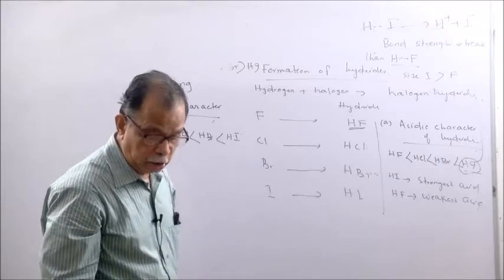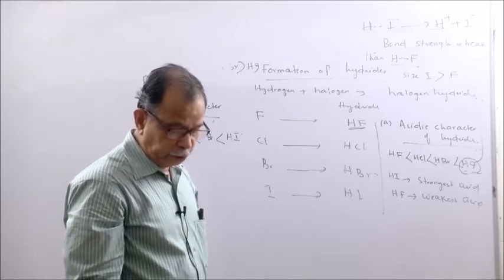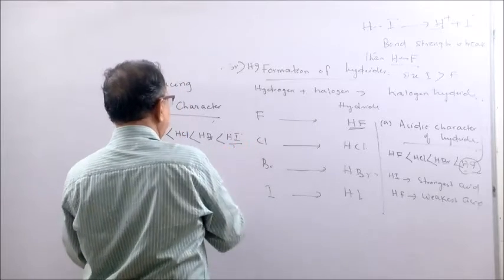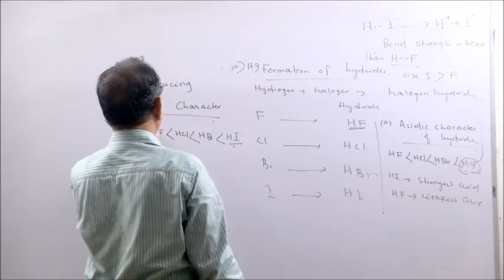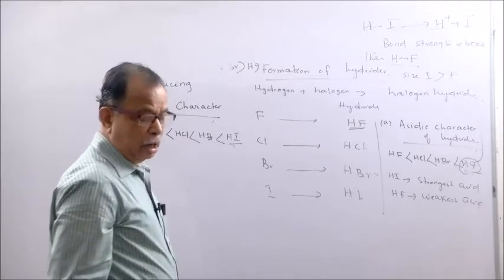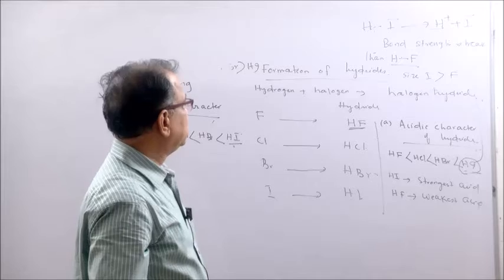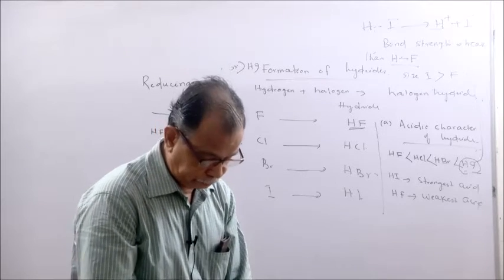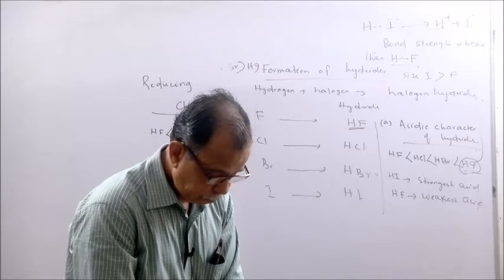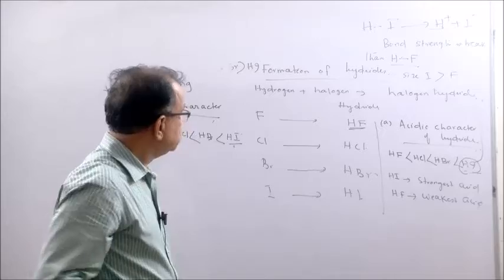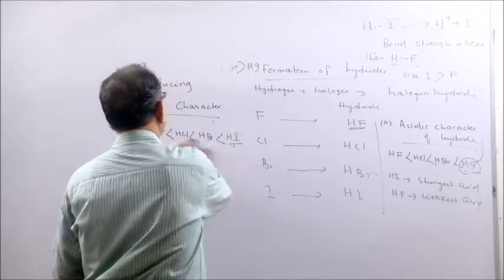Like the acidic character, it breaks easily and gives a proton immediately, so reducing character: HF is the least reducing, and HI is the most reducing. This is all about the hydrides. Then oxidizing power.